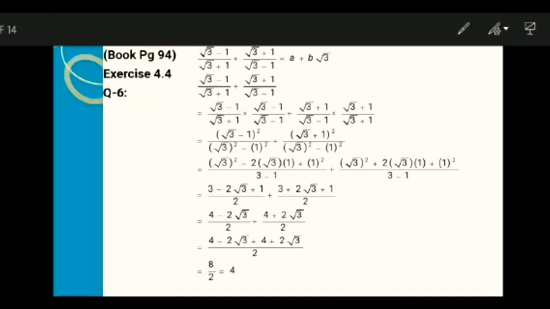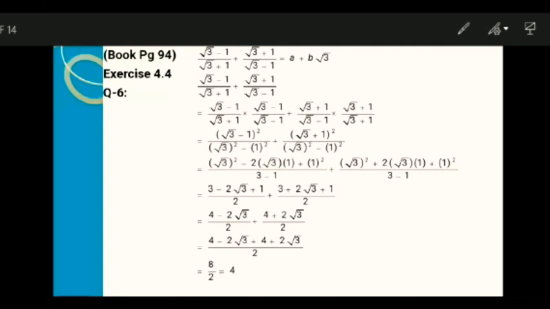Now after simplifying, you can observe 2 is the same denominator. They are fractions. We are going to add. So by taking LCM, 4 minus 2 under root 3 plus 4 plus 2 under root 3 will come down as it is, as the 2 is the same denominator.